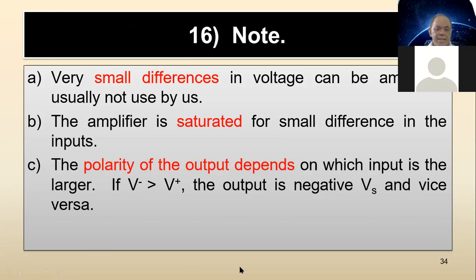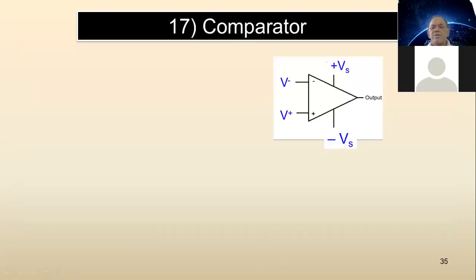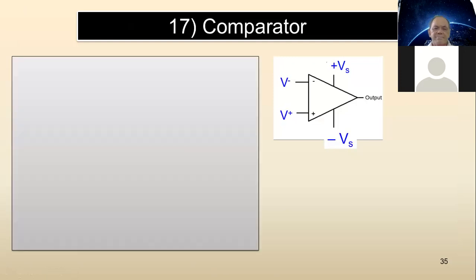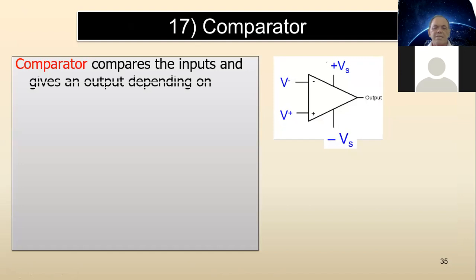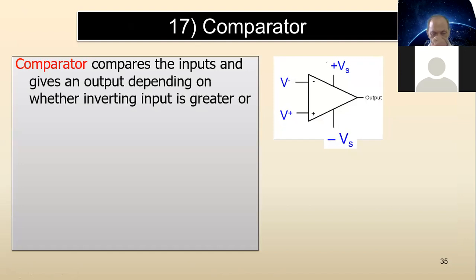If your V minus, the negative input voltage, is greater than the V plus terminal, then the output becomes negative Vs. Right? We call this a comparator. That means it compares the two inputs and gives the output depending on which input is greater.